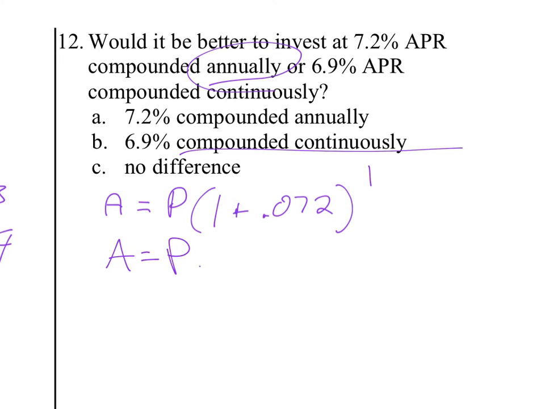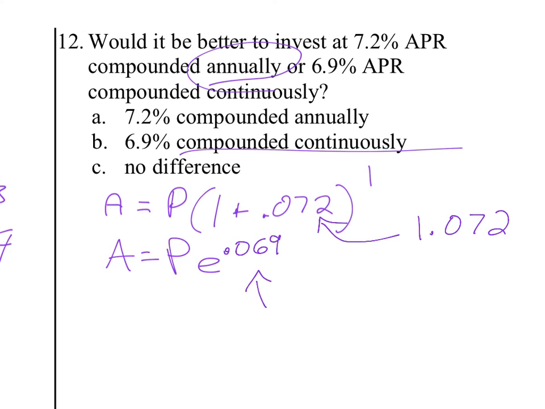So that would be P e to the rate, which is 0.069 times 1. So really what I have to look at is this part in here, 1.072. Is e to the 0.069 larger?